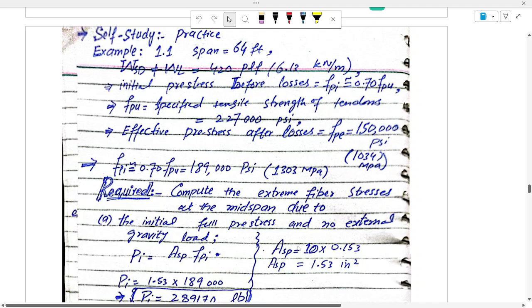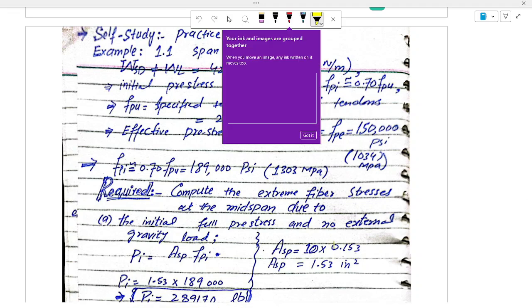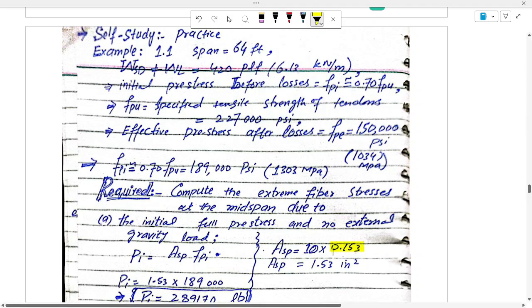We are given 10 half-inch 7-wire straight strands. This is a specified value for the 7-wire straight strand having half-inch diameter, so this is from the tables, a fixed value.